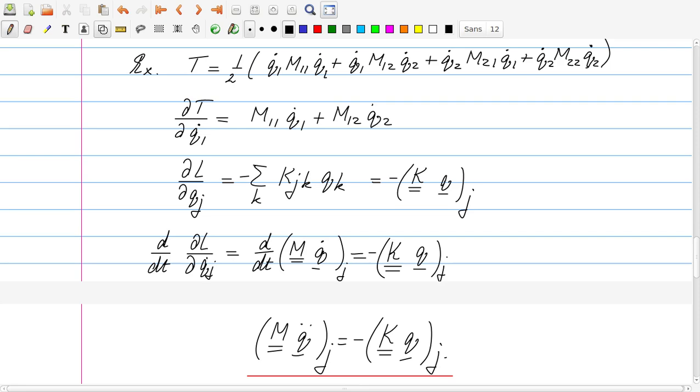So then we can write up the Lagrange equations of motion. We have d/dt dL/dq̇_j. That has this form here, M times q̇, and we take the jth component, and that should be equal to dL/dq_j, which, as we just have seen, is minus matrix K times vector q, and then the jth component.